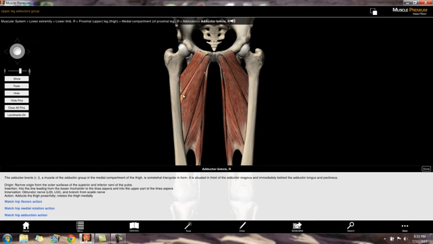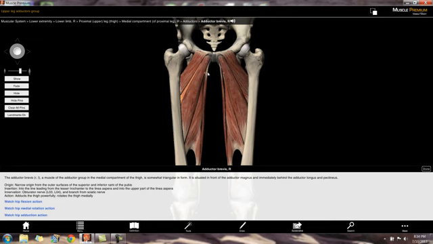Next in line is the adductor brevis, which is deep to the pectineus and deep to the adductor longus. The adductor group, with the exception of the pectineus, are all innervated by the obturator nerve.